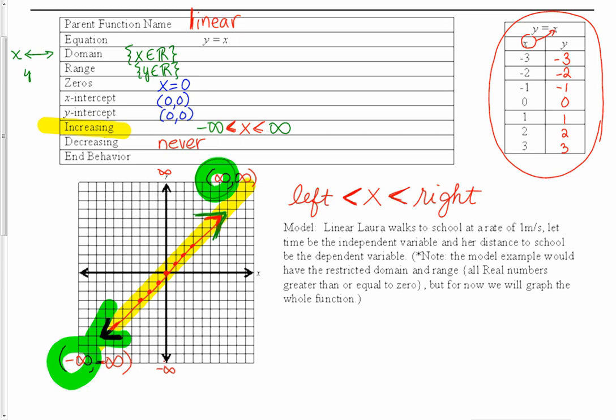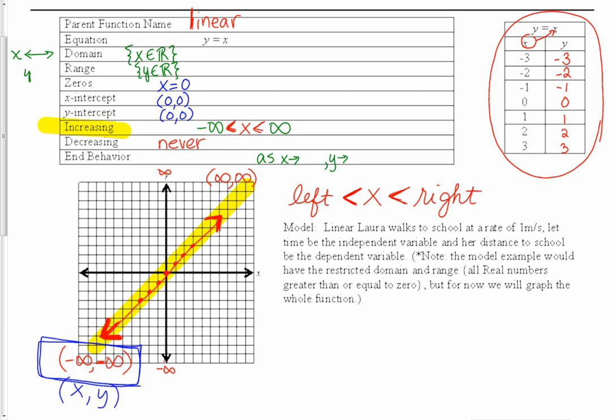For the end behavior, that's when I'm writing my as x approaches something, y approaches something. The nice part about writing in these coordinates is that my x, y of the coordinates are my x, y in my approaching statement. So as x approaches negative infinity, the y partner to that coordinate was a negative infinity.